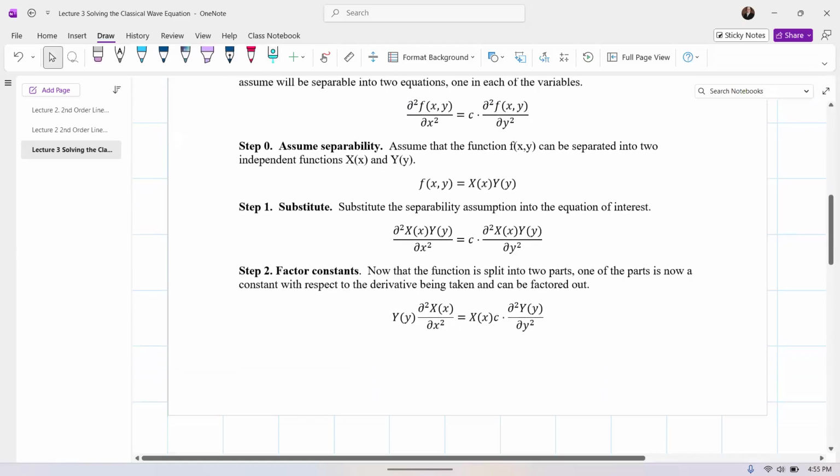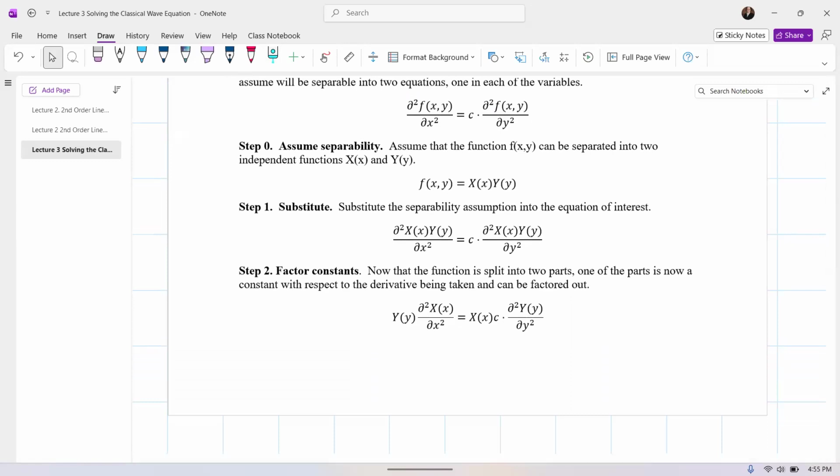And when we make the separability assumption, what we say is what's illustrated right here. You see that f of x and y could be separated into X of x and Y of y. This is the separability assumption.